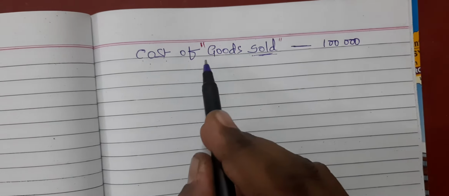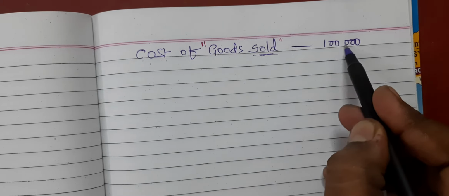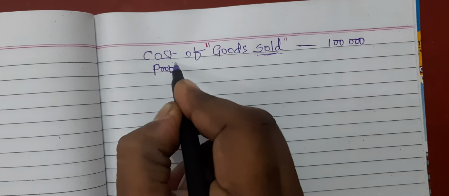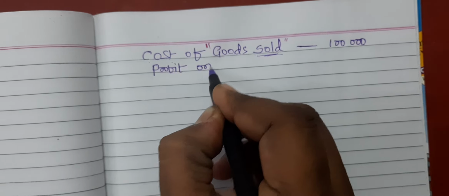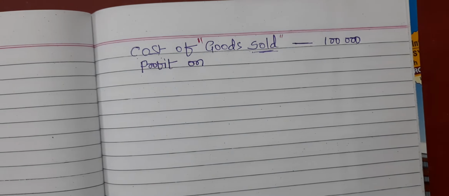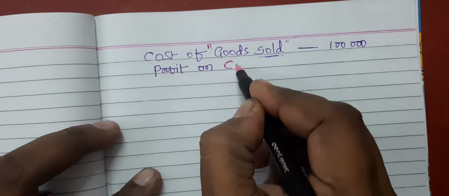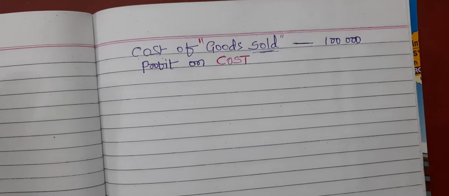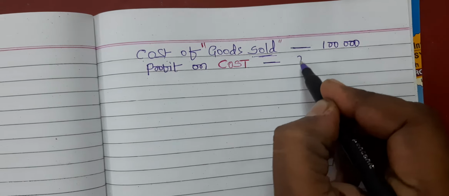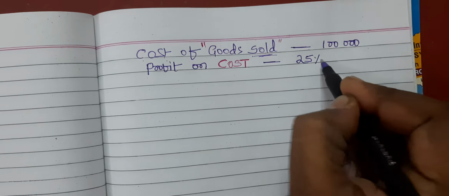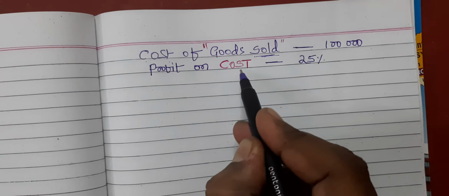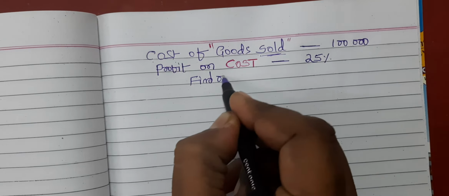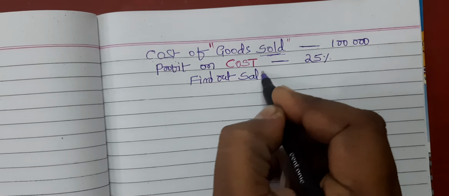The profit percentage is given to you: profit on cost is 25%. Find out the sales value.